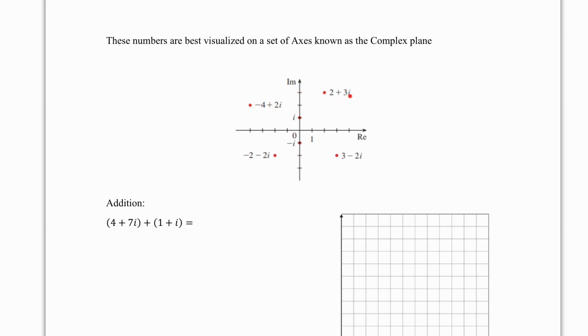So what that means is the number 2 plus 3i means you go over on the x-axis, 1, 2, because it's two real parts. And then you go up on the y-axis, 1, 2, 3, because it's 3 imaginary parts. And 2 plus 3i is, well, right there. And similarly, if you had negative 4 plus 2i, we'd go over negative 4 and up 2.